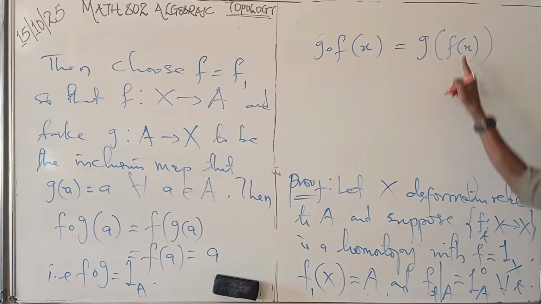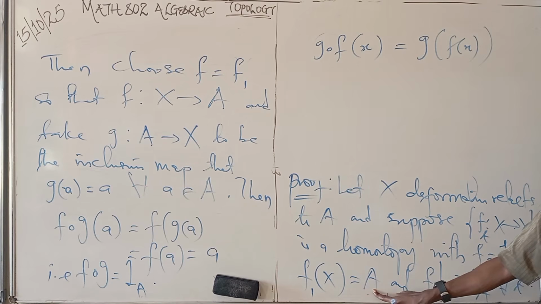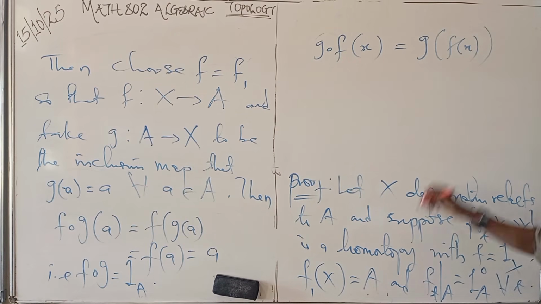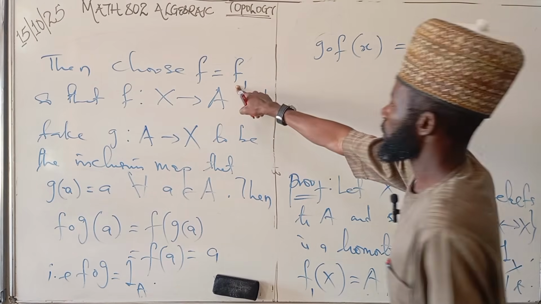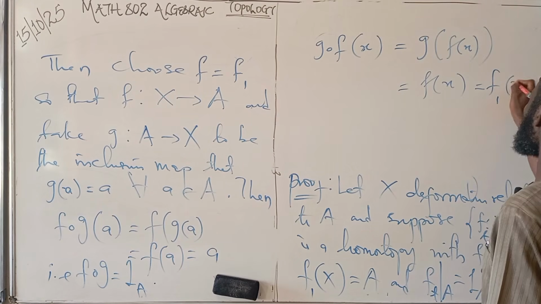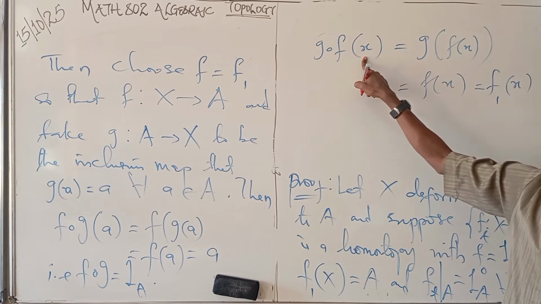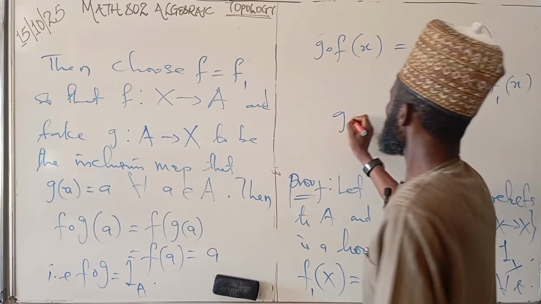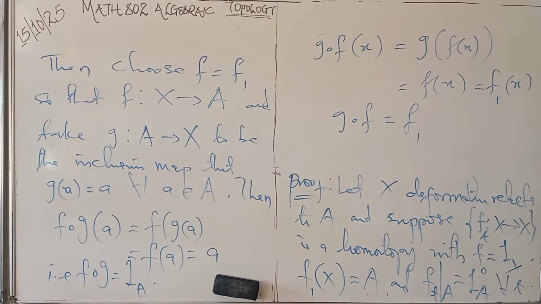Remember, f of x must be a point of A because the entire X is mapped to A. But what is f? It is f1. So that is f1 of x. Since this is happening for all points in X, it means g of f is f1.